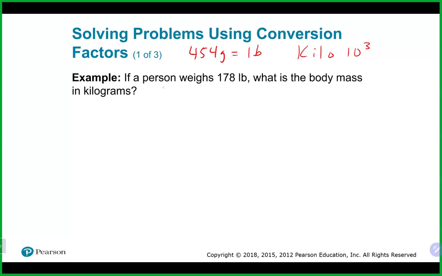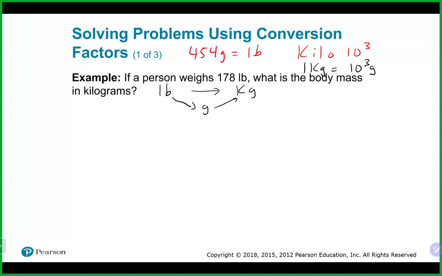The way here is I've got pounds and I eventually want to get to kilograms. So my route is I'm going to stop over at grams first and then go in that direction, since maybe that's the first equality I found on the sheet. So in this case, we want kilo to go with kilograms and grams as our equality. Once again, 1 kilogram in this case would equal 10 to the 3 grams.